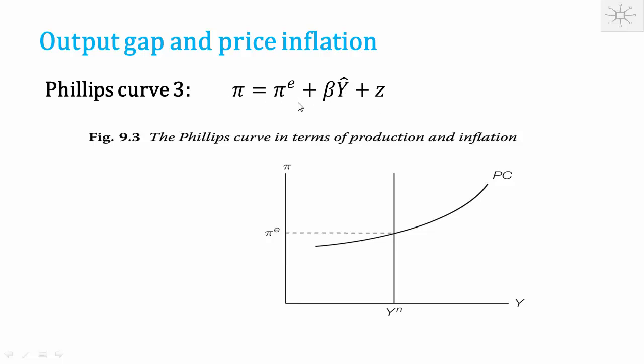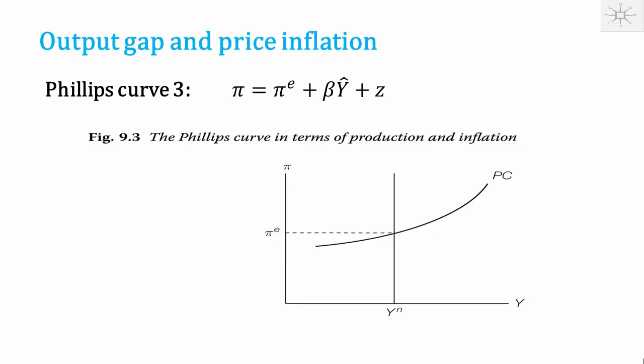But if production is higher, so it's here, then there is a positive output gap. Production is higher than the natural level, and then inflation is going to be higher than the expected inflation. And that's because then this term is positive. So this is the Phillips curve in terms of output and inflation.